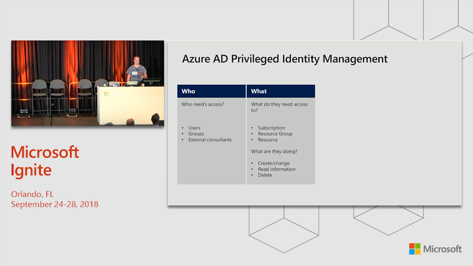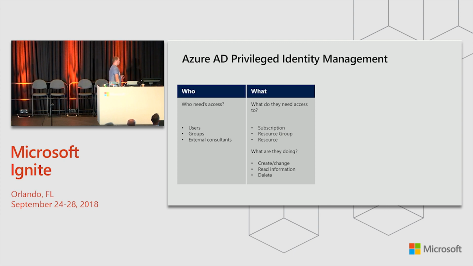We need to know exactly what they need to have access to. Subscriptions, resource groups, or specific resources. Again, try not to make this too inflexible. Resource groups is probably the most widely used level of assigning access, but sometimes you need to do it on a subscription basis too.